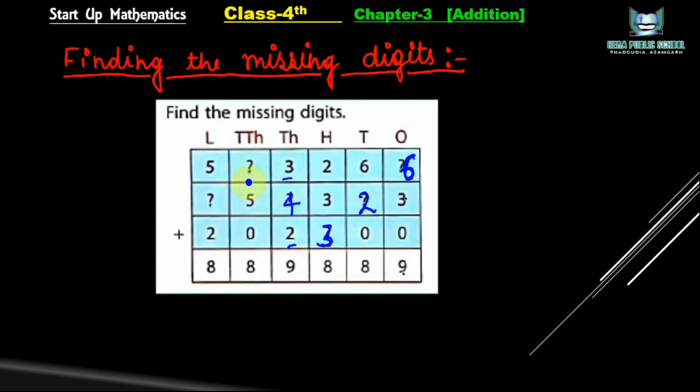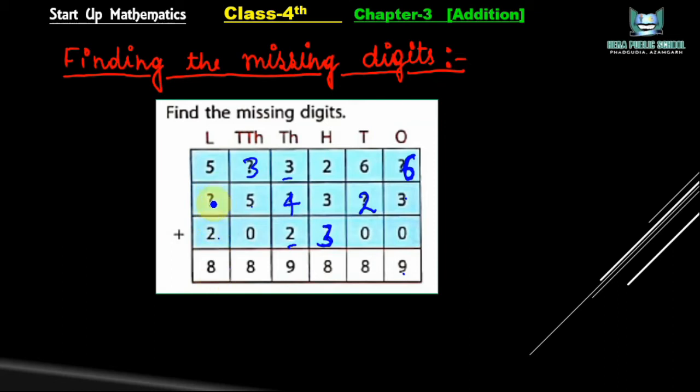Now we move to 10,000s place. 5 plus 0 is equal to 5, and if we write 3 here, we get 5, 3, 8 as sum. Now we move to lakhs place. 5 plus 2 is equal to 7, and what number should be added in 7 to get 8?